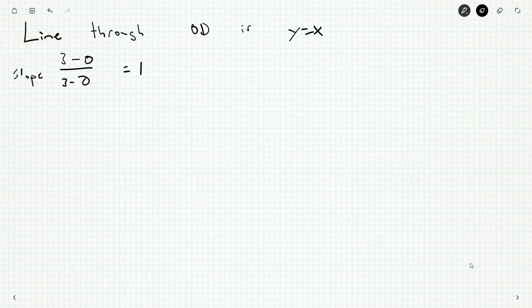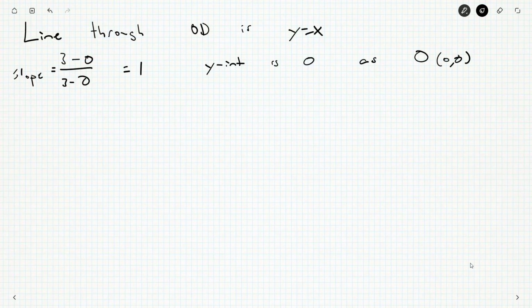So the slope is 1. And y-intercept is 0, as the origin is 0, 0. Okay, so that's just a little side proof if you need the equation of the line through OD.